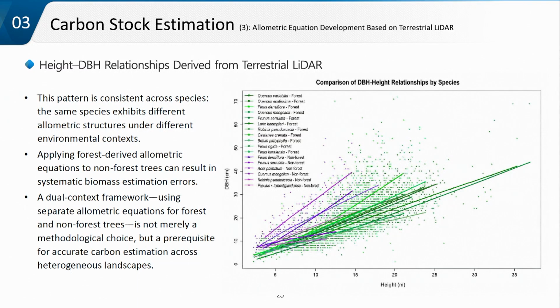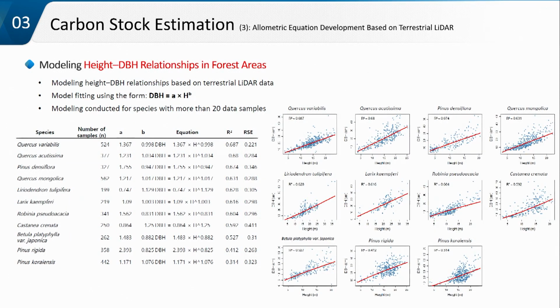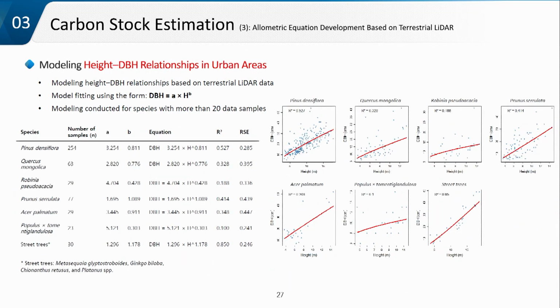Of course, there are more variations when we consider the heterogeneity of land cover types. But at least we should separate the forest and non-forest cases. So we developed the height and DBH relationship in forest areas and non-forest urban areas.